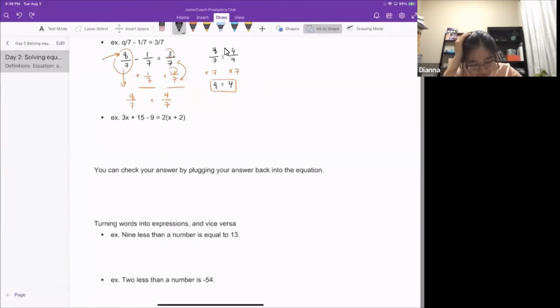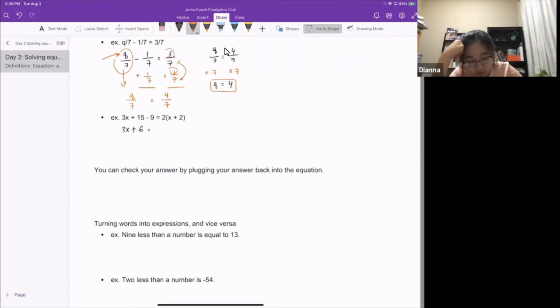So I'm going to clean it up a little bit by combining like terms and whatnot. So 3x, that stays the same, right? Plus 15 minus 9. So 15 minus 9 is going to be 6. So I'm going to write 6 instead. Equals 2 times x plus 2.